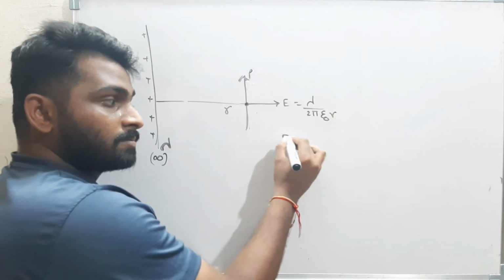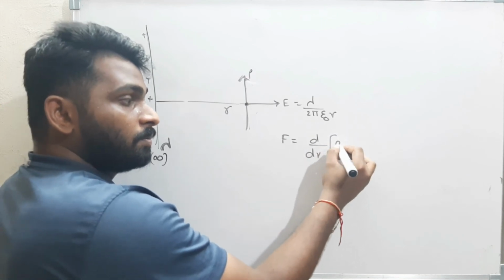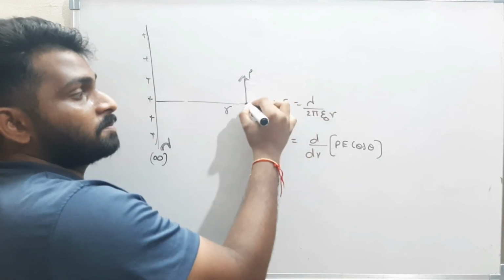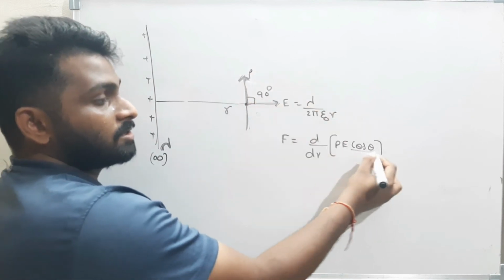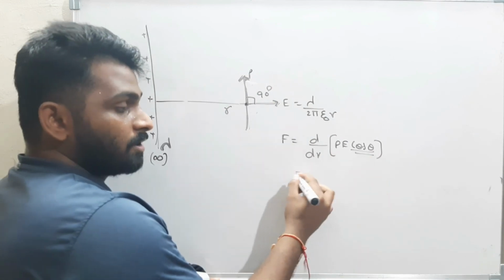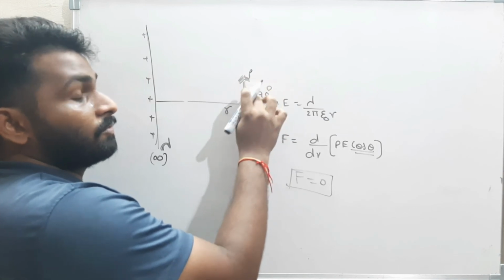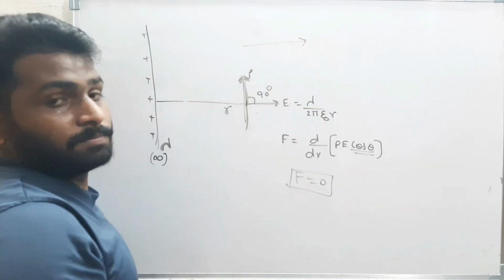Now what is the force? d by dr of P cos theta. What is the angle? This is P and this is the field, and the angle is 90 degrees. Cos 90 is 0. The force between them is 0. If the dipole is in this direction, then the force is 0. If the dipole is like this, then the force is the previous one.